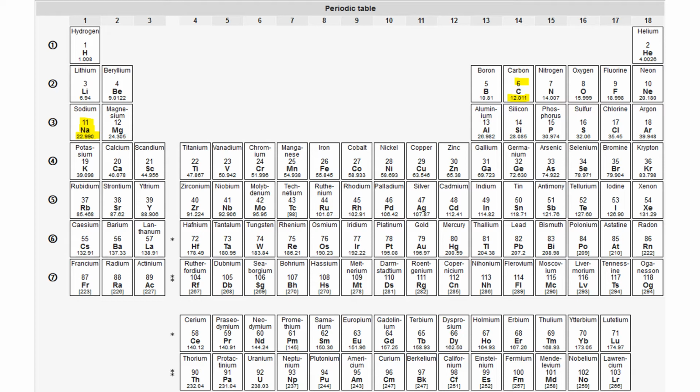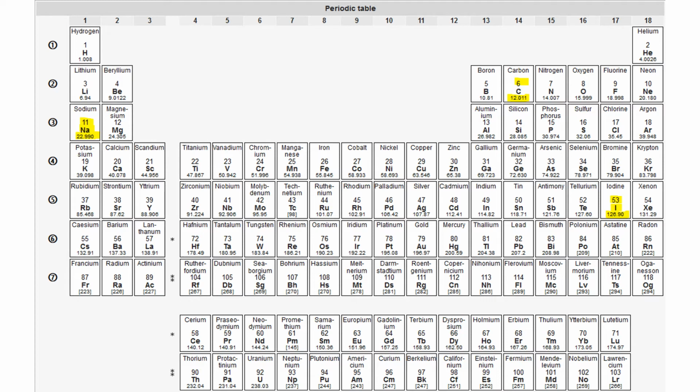Okay, let's take a look at I. I is the symbol for iodine. As you can see, it has an atomic number of 53. So it has 53 protons, and it also has 53 electrons, since protons and electrons are equal. And if you look at its atomic mass, it's 126.9, so let's round and say 127.